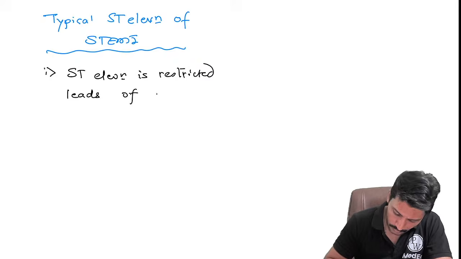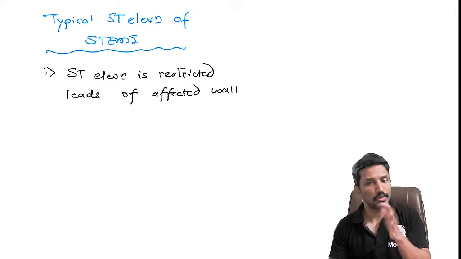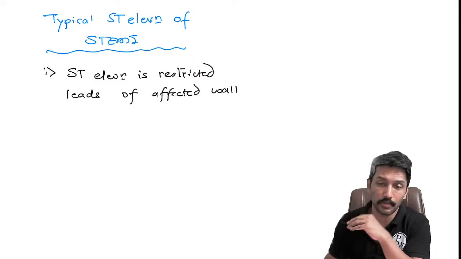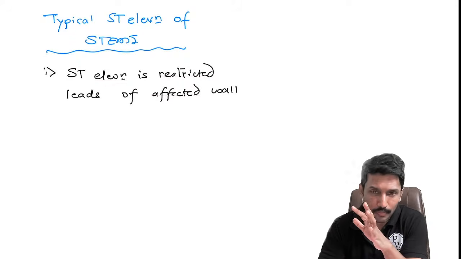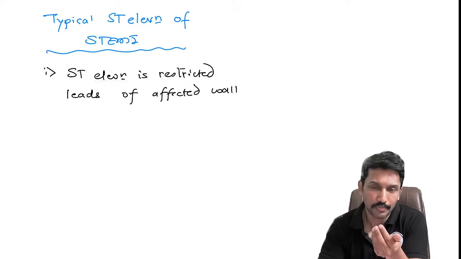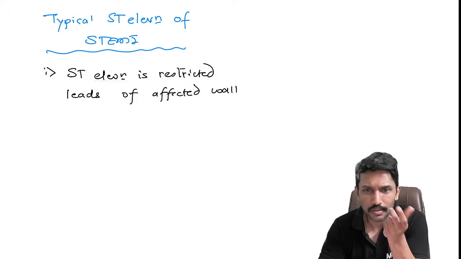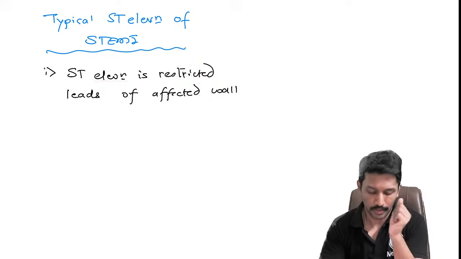For example, if I have inferior wall MI, then the inferior wall is represented on the ECG by leads II, III, aVF. So I will only see ST elevation in leads II, III, aVF. I will not see it in other leads. If I have anterior wall MI, the anterior wall is represented by leads V3, V4. So I will have ST elevation in V3, V4. I will not have ST elevation in other leads, right?